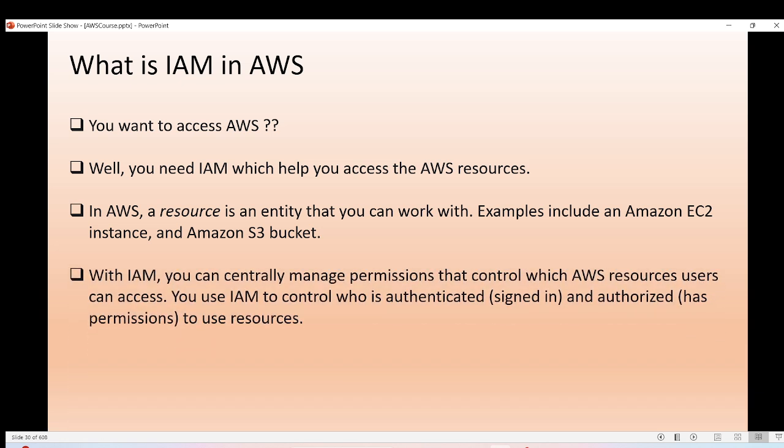With IAM, you can centrally manage permissions that control which AWS resources users can access. You use IAM to control who is authenticated, meaning signed in, and authorized, meaning has permissions to use resources.